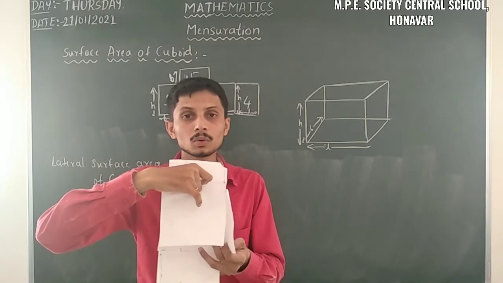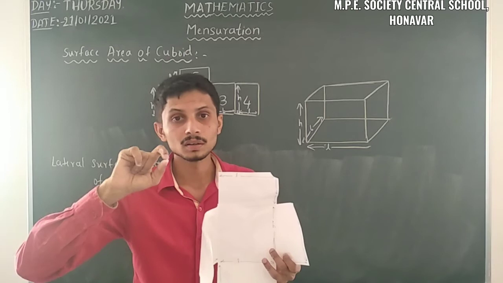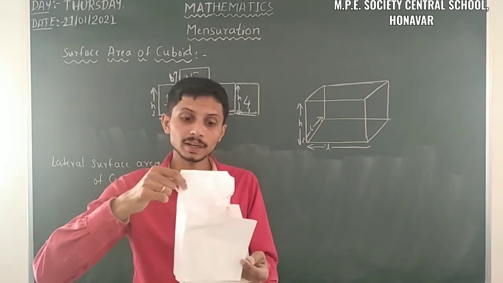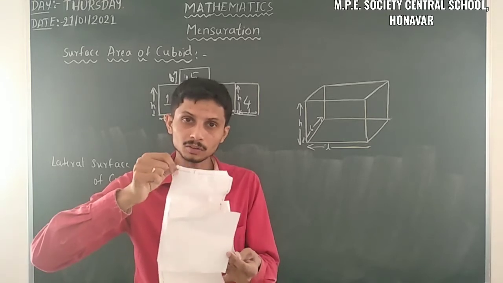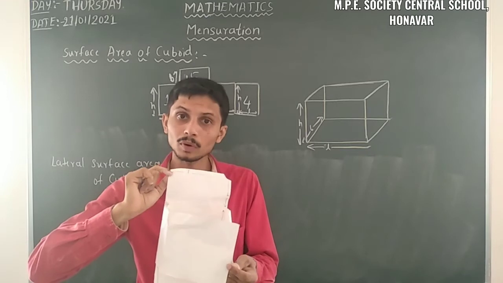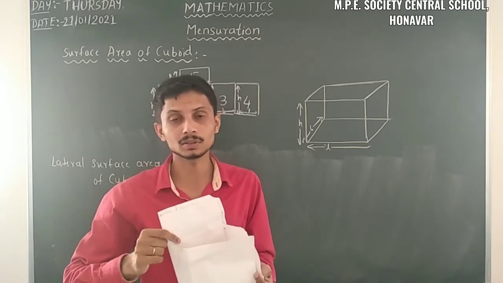So if only walls we have to paint, then only we have to consider lateral surface area. If it is given that we have to paint the ceiling also, then we have to add this L into B only one time, not the complete time, because the ground we are not painting.